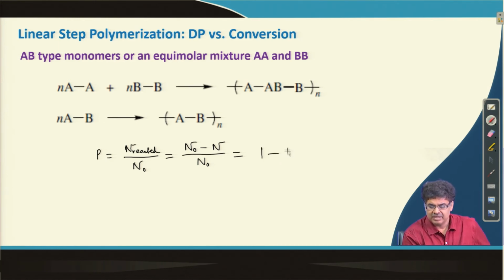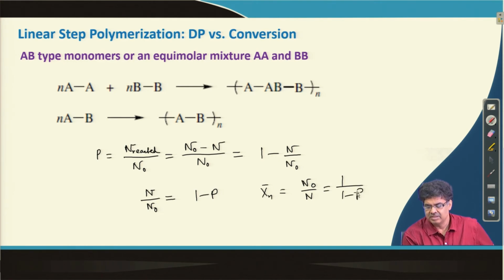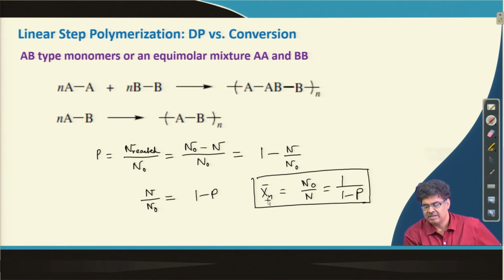So, we can write P equals 1 minus N by N0, so N by N0 is 1 minus P. Now, what is Xn? We know Xn is N0 by N, which means 1 over 1 minus P. So, this is the expression we get for the number average degree of polymerization, given by 1 over 1 minus P.